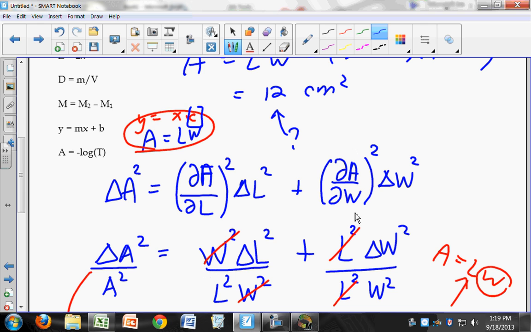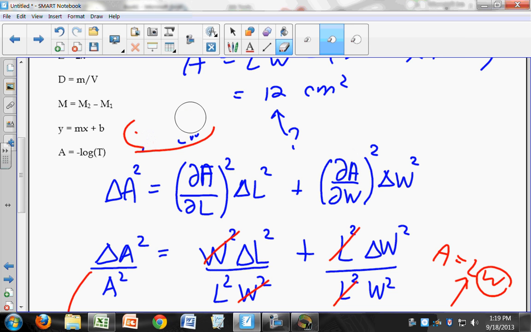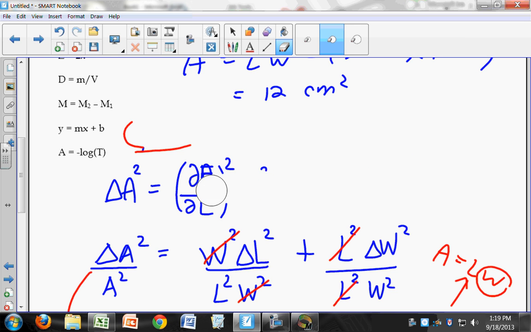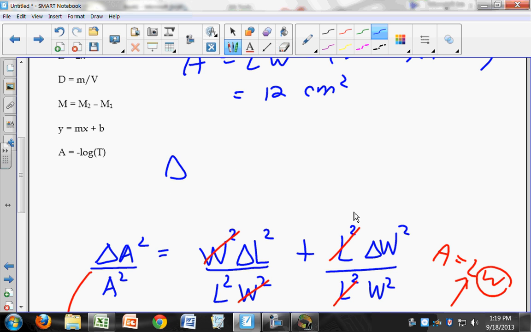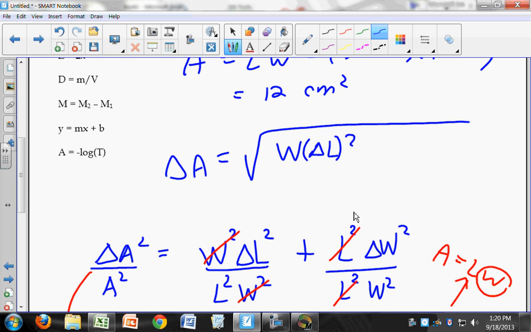Delta A is the square root of W squared delta L squared plus L squared delta W squared.